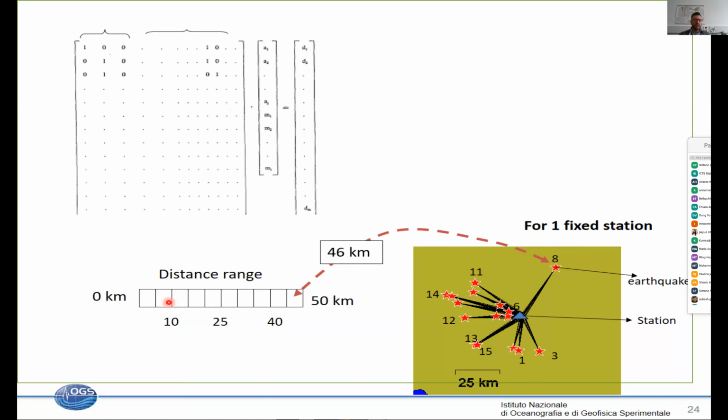So since I have bins, in this case, from 0 to 50 kilometers, this is what I decide, with a width of 5 kilometers, the 1 will be located in this last column that is corresponding to 45 to 50 kilometers. When the station is recording earthquake number 1, which is at a distance of 22 kilometers, which column will be filled? The column that is corresponding to the distance between 20 and 25, okay?